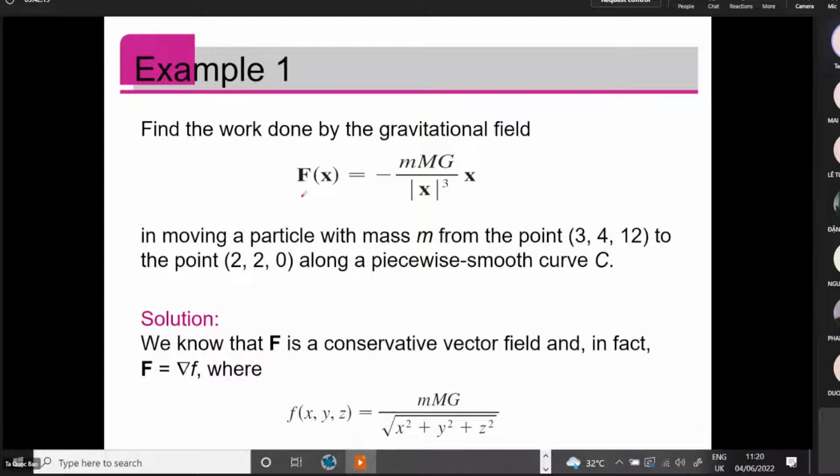Now, an example. We have the work done by the gravitational field F like this. It is moving a particular mass m from this point to this point along a piecewise smooth curve. We know that because F is conservative, there exists a function f such that the vector field F is the gradient of f, and here f is like this.